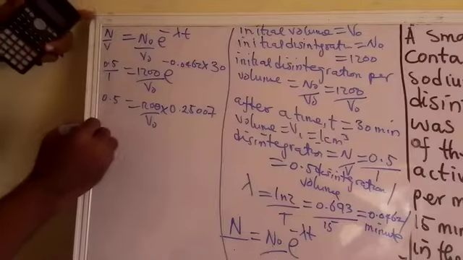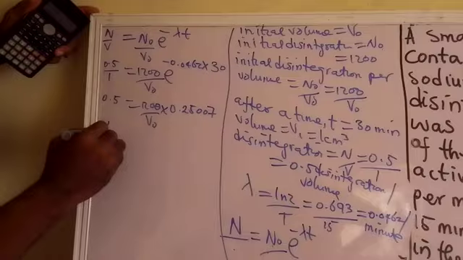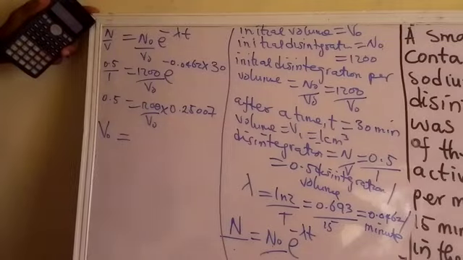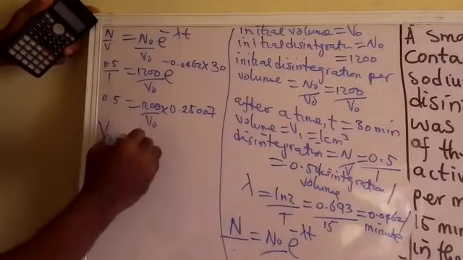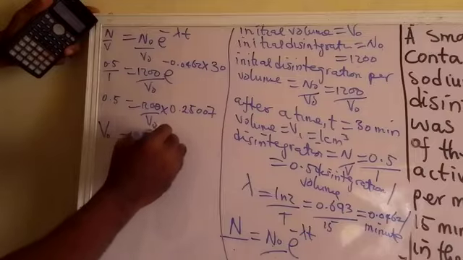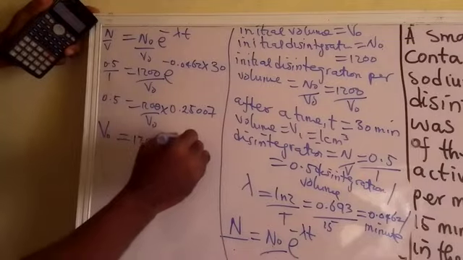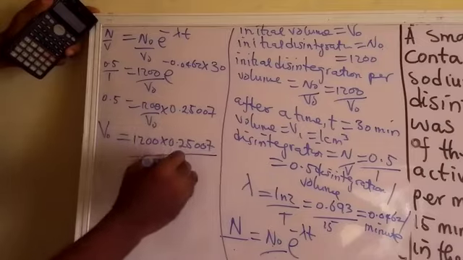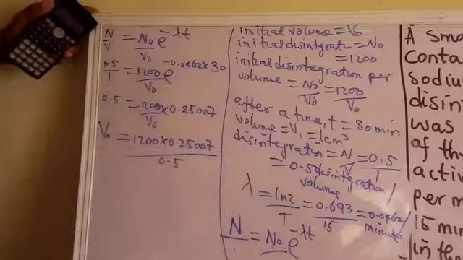Now, trying to make this volume of blood at the beginning subject of the formula, that means multiply both sides by V naught and divide both sides by 0.5. So you have 1200 multiplied by 0.25007 all over 0.5.